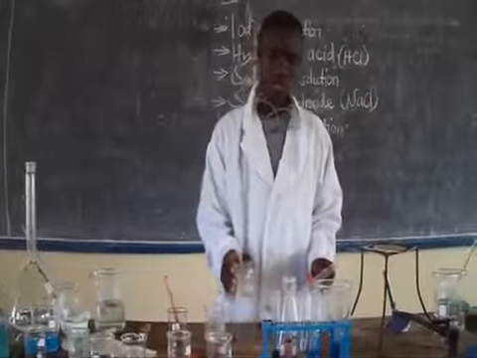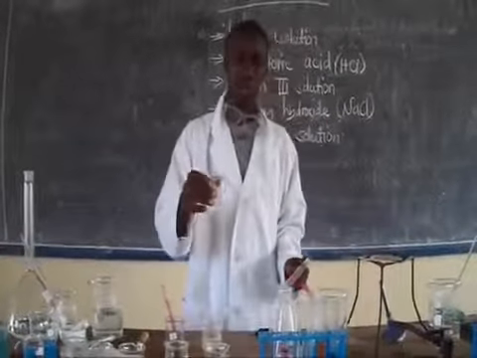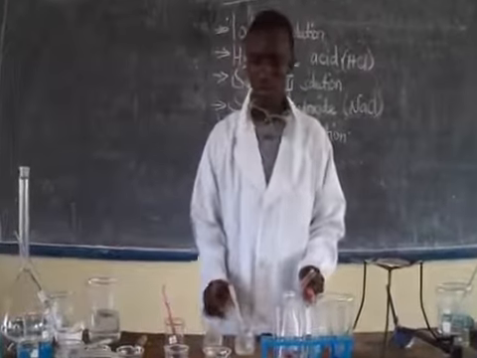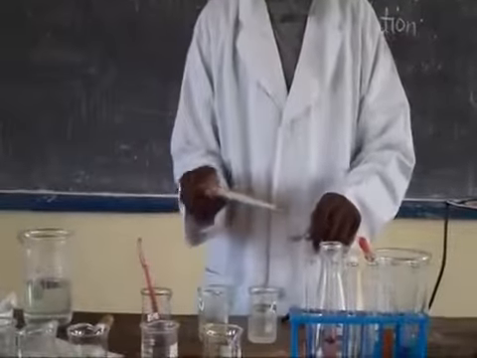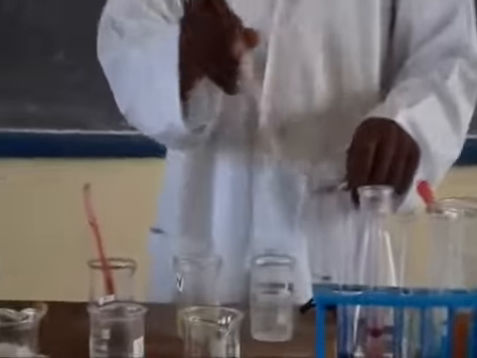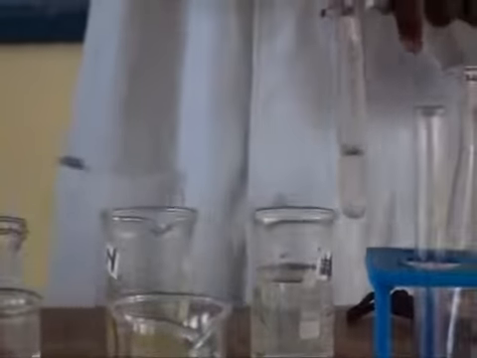Finally, we are going to test food sample H, whether it has lipids or not. Now we take 3 centimeter cubic of the food sample and we just add a few drops of the Sudan III.